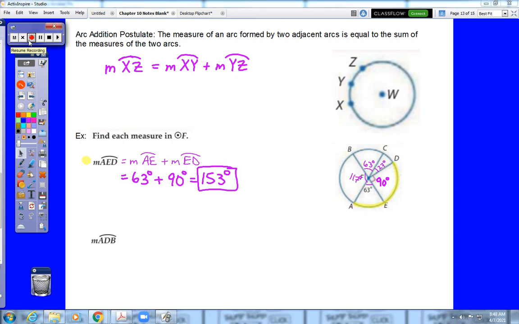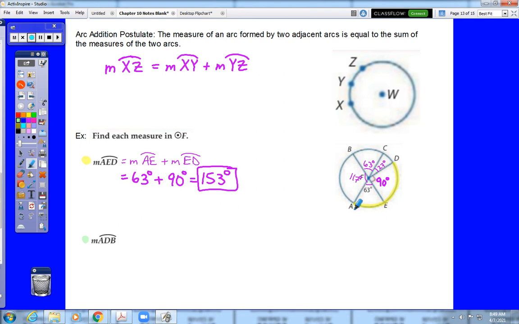So, arc ADB starts at A, goes through D, and ends at B. So it's a major arc. There's a couple of different ways we could find it. One would be to add up all the angles along the way. The other would be, as somebody already pointed out, that's a major arc, so it's equal to 360 degrees minus AB, which is 117 degrees. That's quicker.